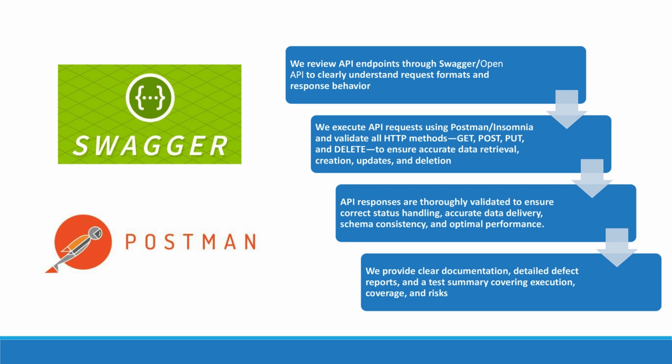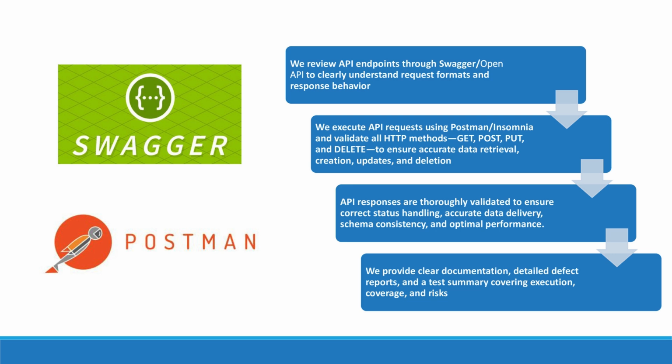API responses are thoroughly validated to ensure correct status handling, accurate data, and optimal performance. Finally, we will give you clear documentation consisting of detailed defect reports and a test summary report covering execution, coverage, and the risks. Everything we give you in a perfect documentation form.